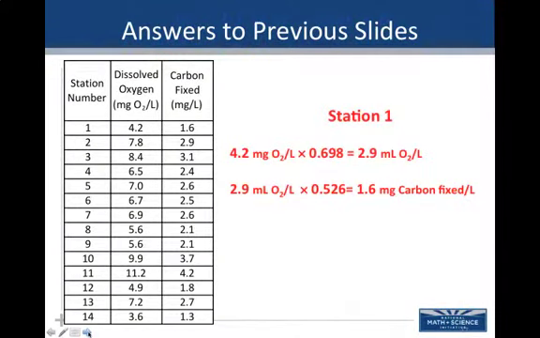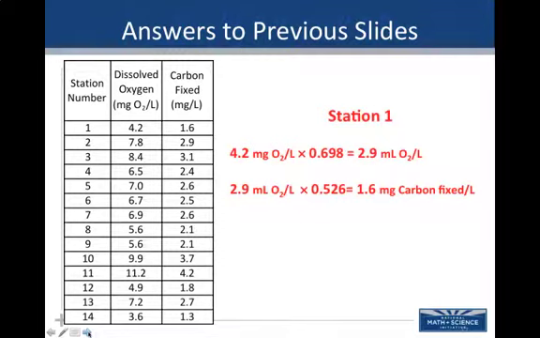But on the next slide, I have shown you how we've done that. For station 1, the dissolved oxygen rating was 4.2 milligrams of oxygen per liter. We multiplied that by 0.698, which was on your student formula sheet, to come up with 2.9 milliliters of oxygen per liter. And then we multiplied that by 0.526 to get 1.6 milligrams of carbon fixed per liter at station 1.